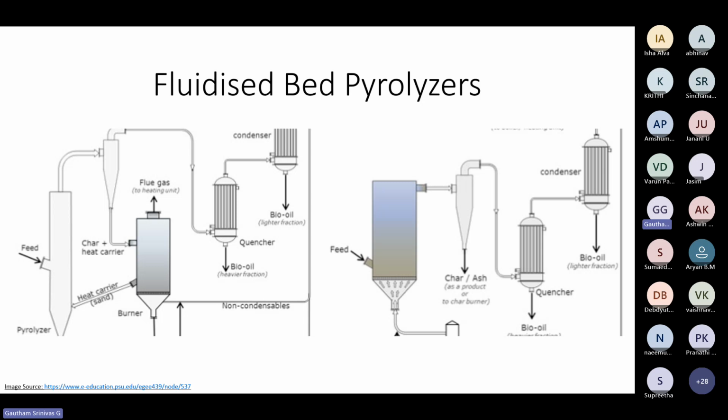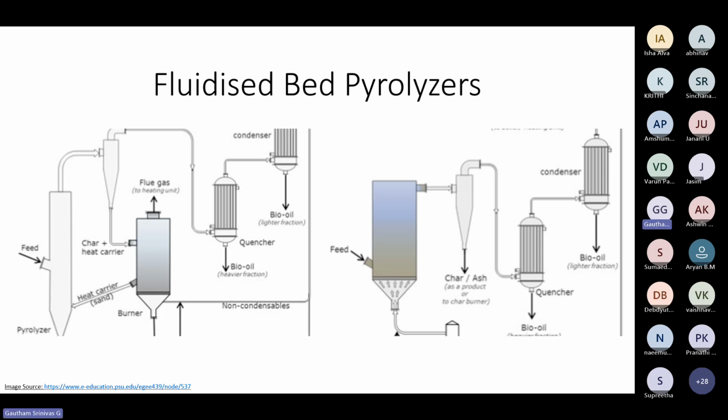They are transferred further into a quencher where the bio oil comes down, and condensable bio oils are further taken to another condenser. So the temperature is further reduced. You have the lighter fraction of bio oils coming out here, and then the heavier fraction. The gases are just released.